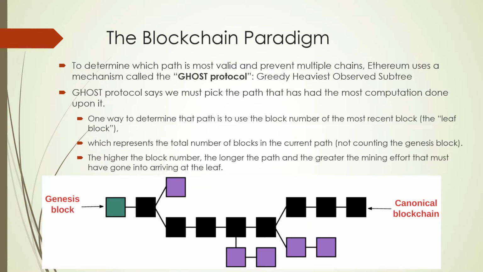Now, in the existence of different paths, the question is, how do we determine which path is the most valid and prevents multiple chains? Ethereum uses a mechanism called the Ghost Protocol, which stands for Greedy Heaviest Observed Subtree.